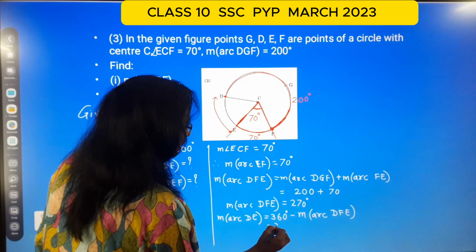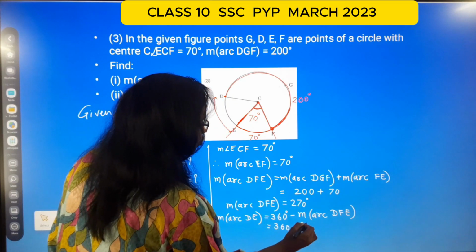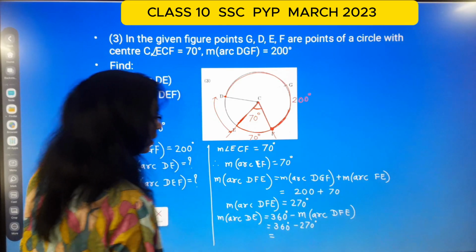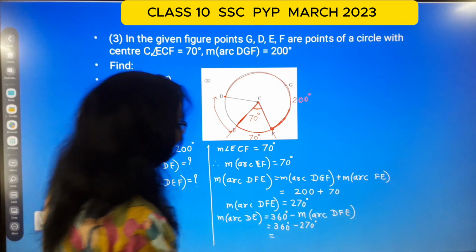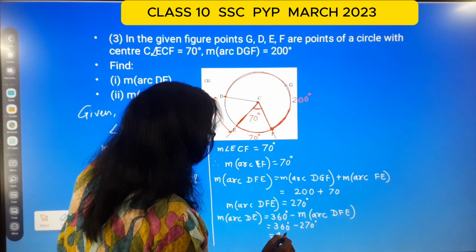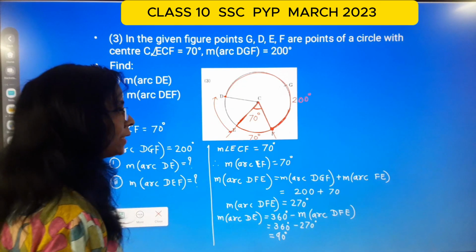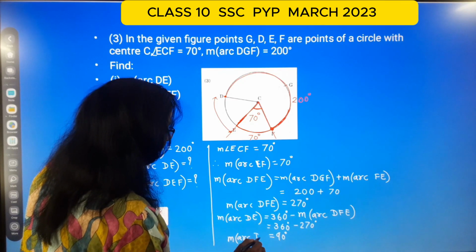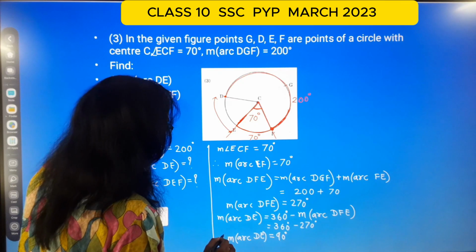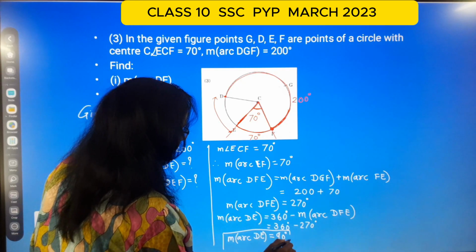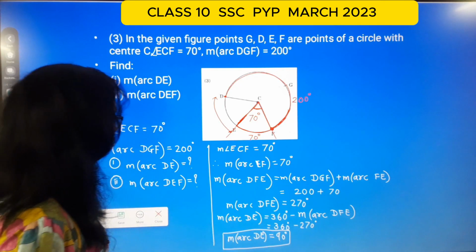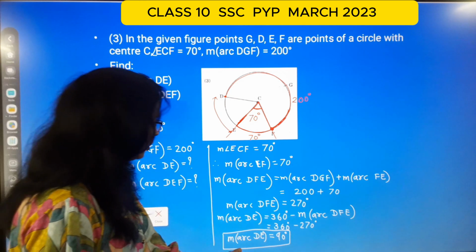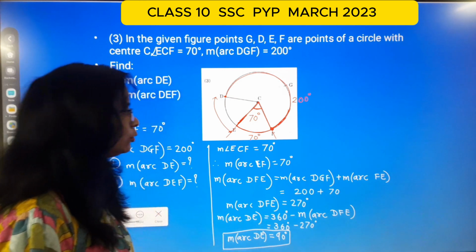So here students, 360 minus 270 degree, that means here the 90 degree. That is major arc DE is equal to 90 degree. Okay, so the first part is over, we calculated the major arc DE is equal to 90 degree.